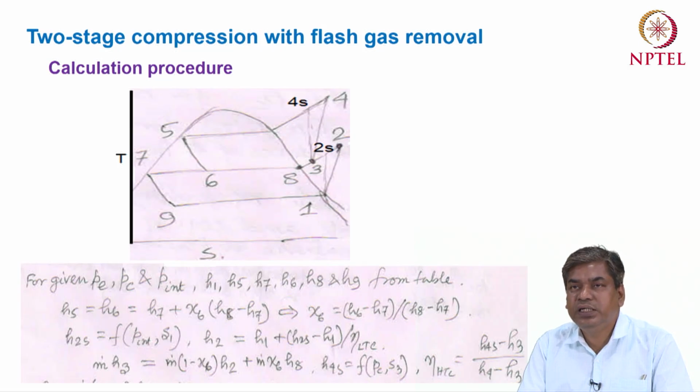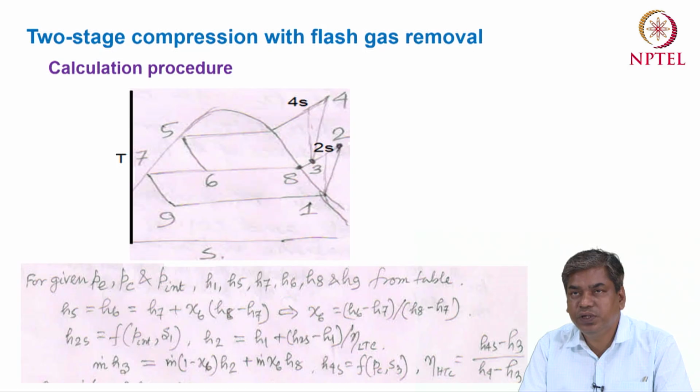Okay, so that H3 we can calculate, and by using H3 we can also calculate the entropy and the temperature at point 3, because that pressure is equivalent to the intermediate pressure which is given. Okay, so we can get the other properties at point 3, and then we can again use the same procedure to calculate state point 4.